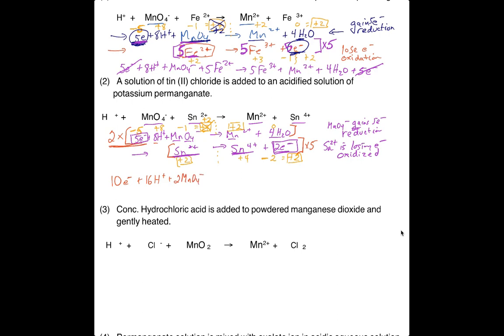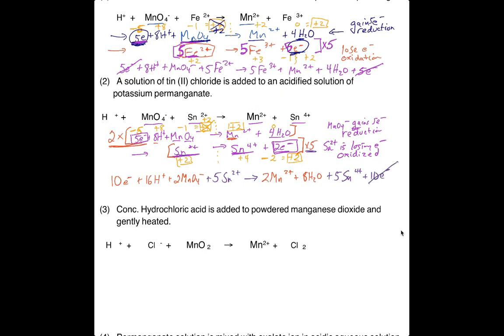I'm going to have 5 times the 10, so 5 tin 2 pluses. That's all on the reactant side. Now we go back and multiply the manganese 2 plus ion by 2, and I'm going to have 8 H2Os. Going back to the tins, we're going to have 5 Sn4 pluses and 10 electrons.